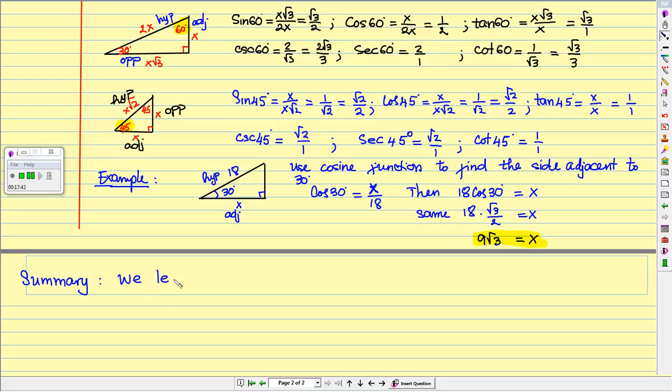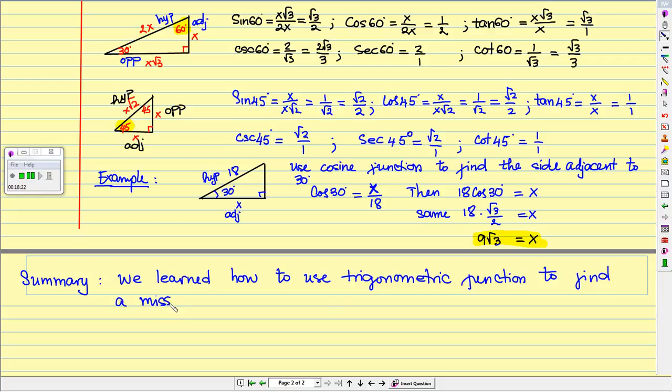In this video, we learned how to find the missing side length, how to use trigonometric functions to find a missing side length.